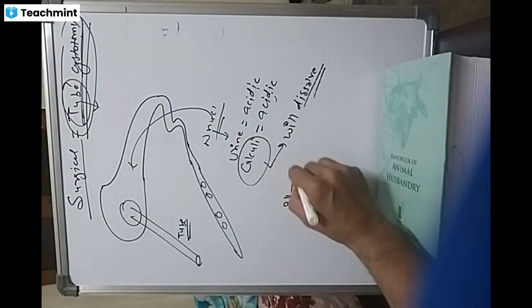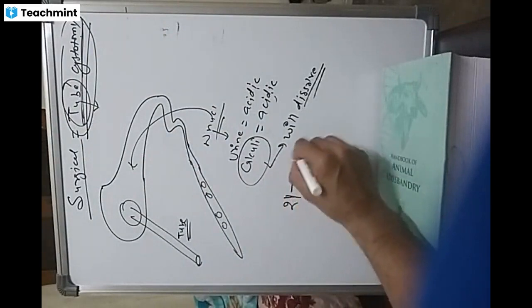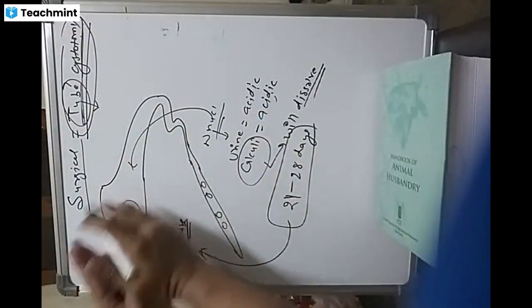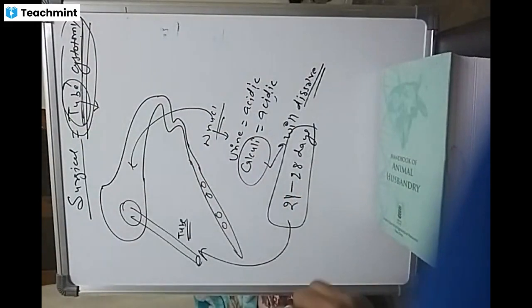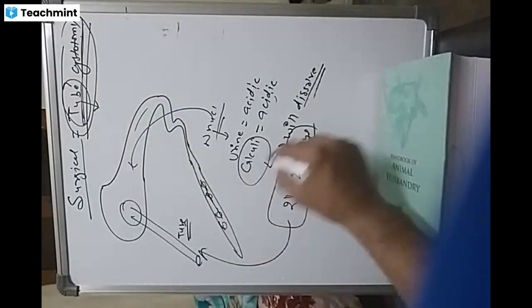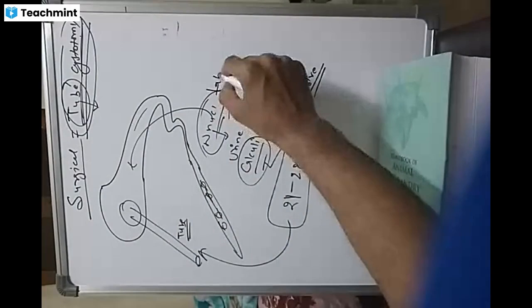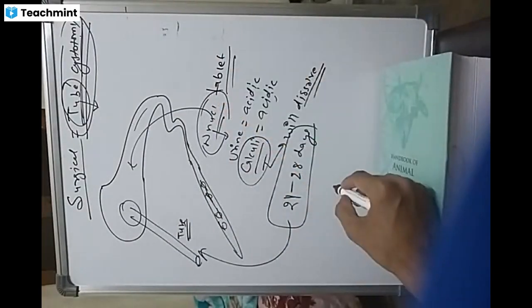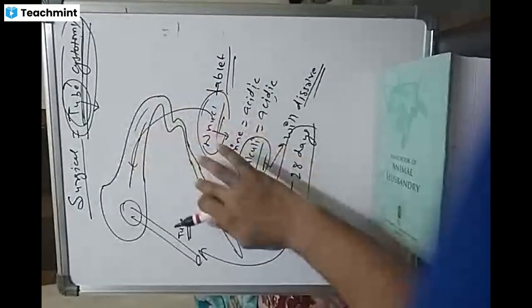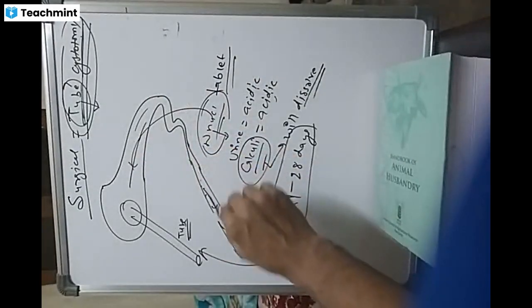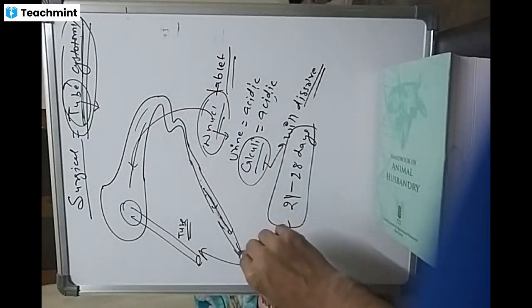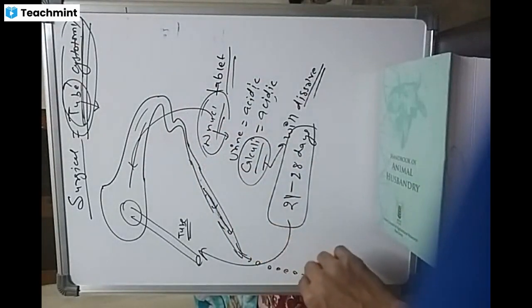For 21 to 20 days, we are keeping the tube inside the body and dissolving these calculi with tablets. We dissolve all the calculi and the path is clear. Urine will come out from the normal path.